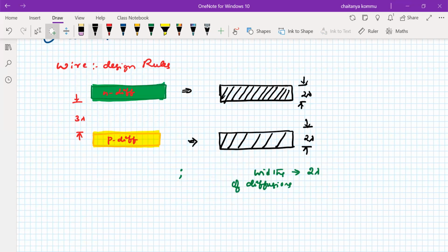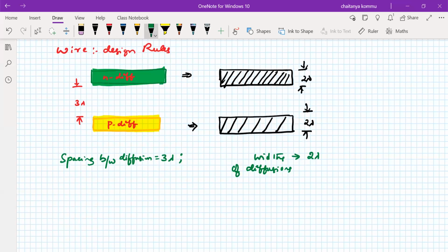The spacing between diffusions should be 3 lambda. Please remember this, we have to remember. Further, please remember the N diffusion to N diffusion. Okay, N diffusion. Sorry.